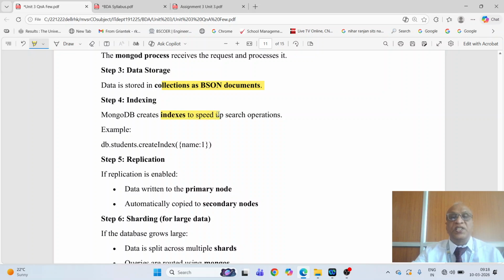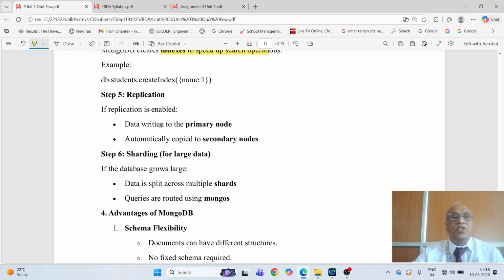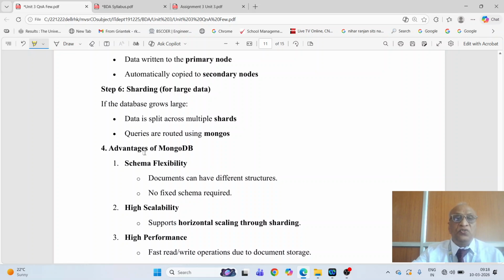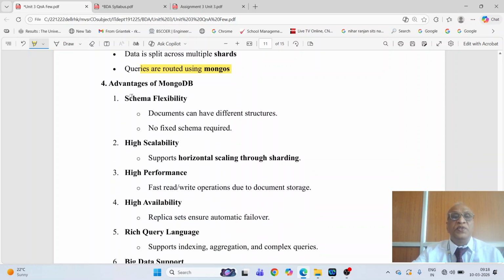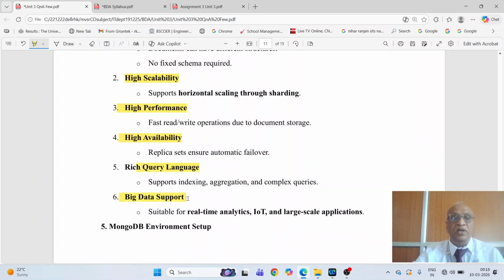MongoDB creates indexes for search operations. Replication is used for availability. Sharding also is used to split the data on multiple servers. Queries are routed using Mongos. These are the advantages of MongoDB: schema flexibility, high scalability, high performance, high availability, rich query language, big data support.